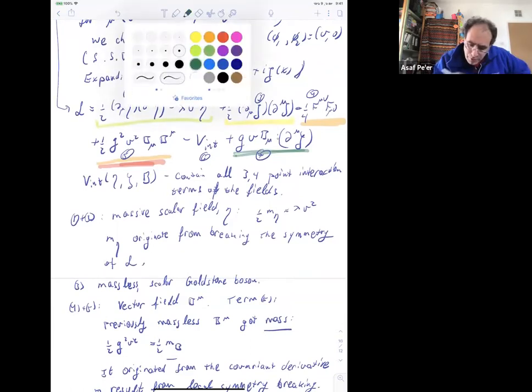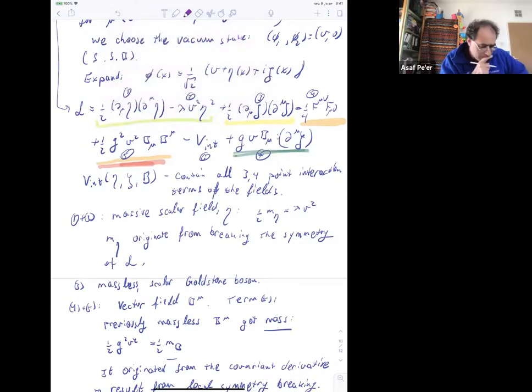let's picture it in some color. So the Goldstone, right? We have the kinetic term, we have the interaction term, and we have the mass term of the Goldstone.